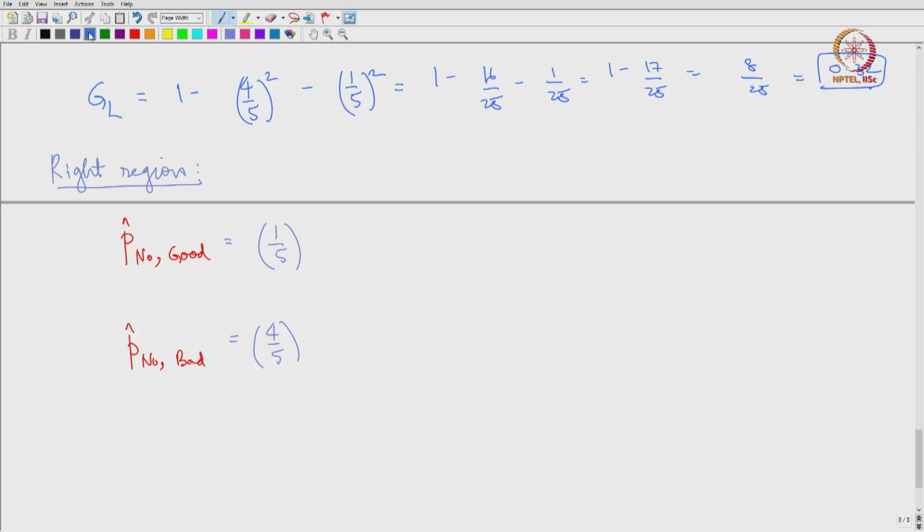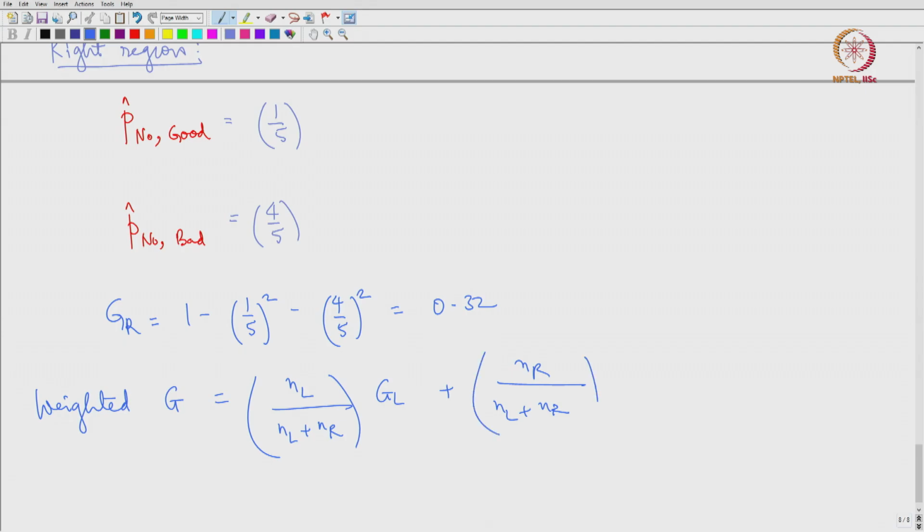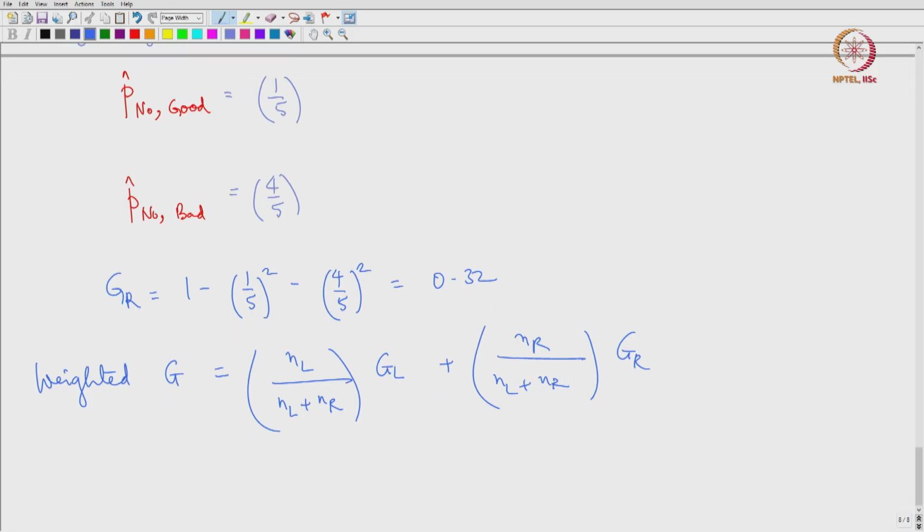So, your Gini impurity of the right node is 1 minus 1/5 whole squared minus 4/5 whole squared, and this is also 0.32. Now you get the weighted impurity, which is NL divided by NL plus NR times G of L plus NR divided by NL plus NR times G of R. If you remember, you had 5 nodes in the left region and 5 in the right region.